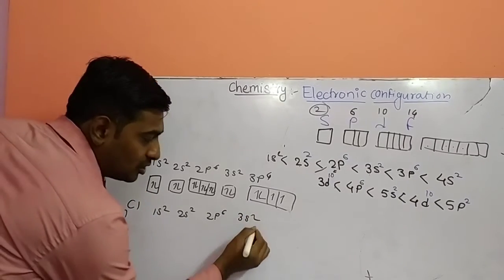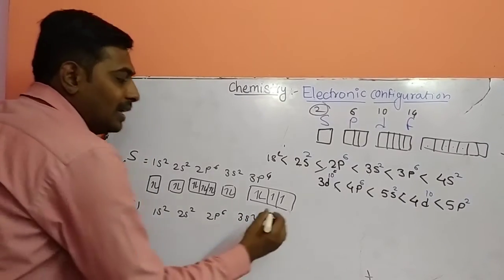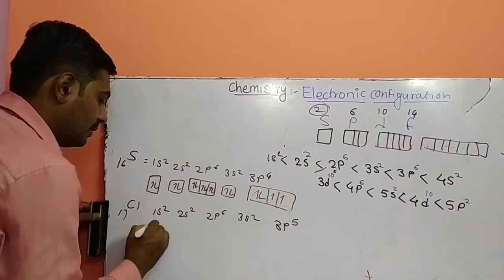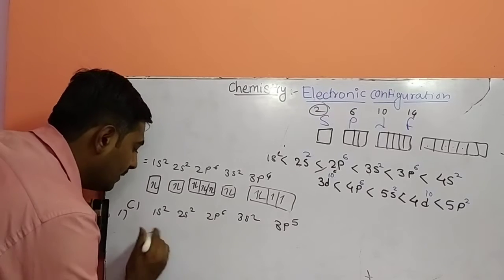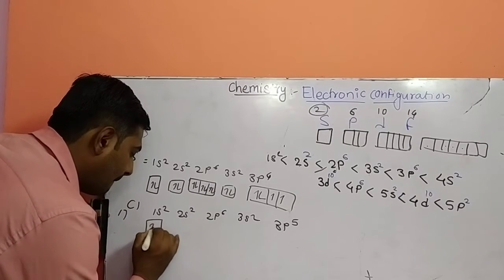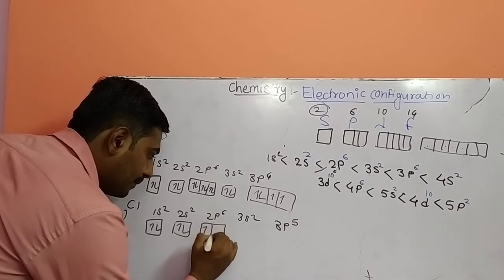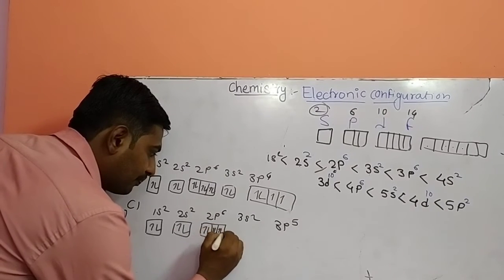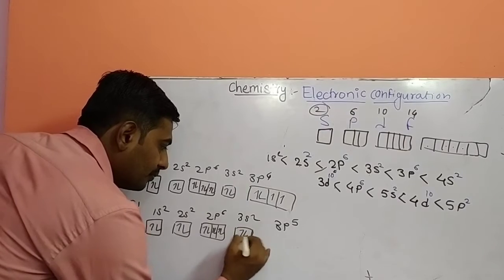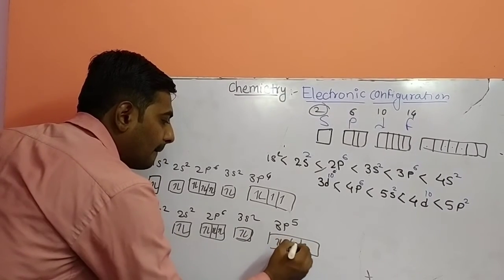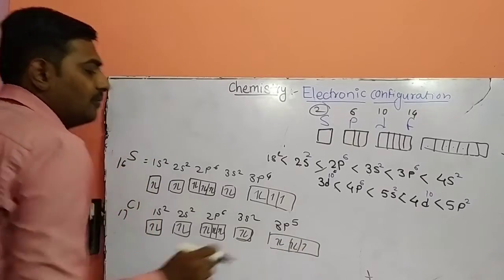How many? Up to this one, 12 electrons. How many? 3p5. How should it be written? One, two, three, four, five.